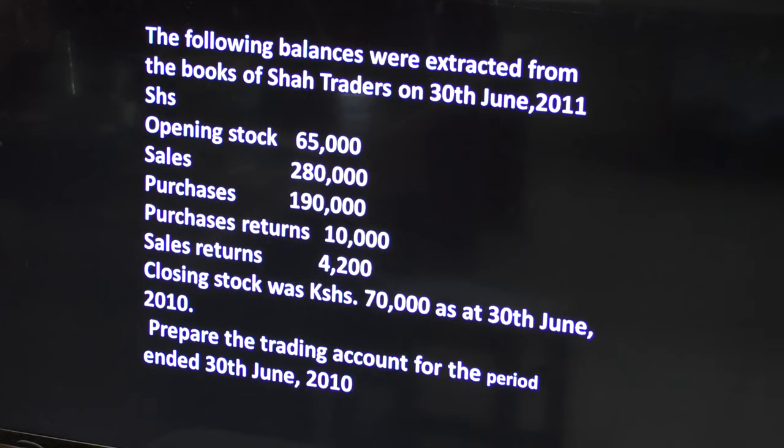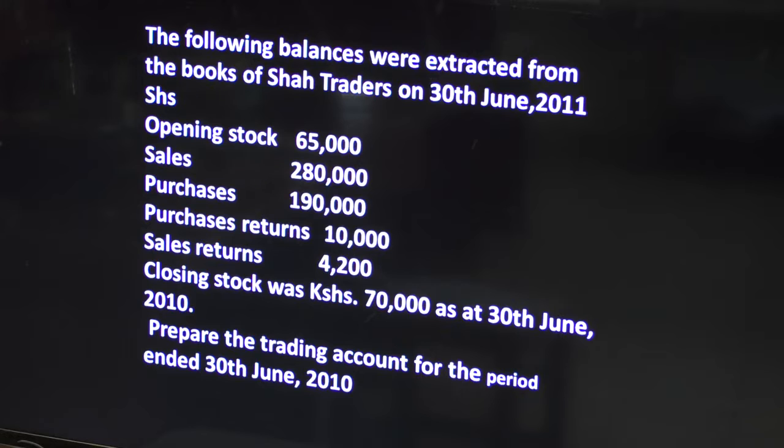The following balances were extracted from the books of Share Traders on 30th June 2011. In shillings, you can see opening stock was 65,000. Total sales were 280,000. Then we had purchases of 190,000. Purchases returns were 10,000. Then sales returns were 4,200.